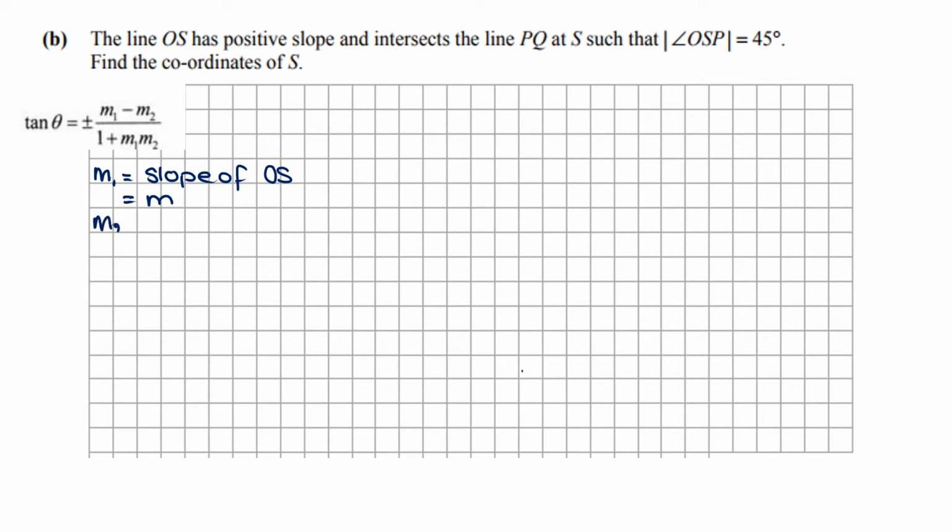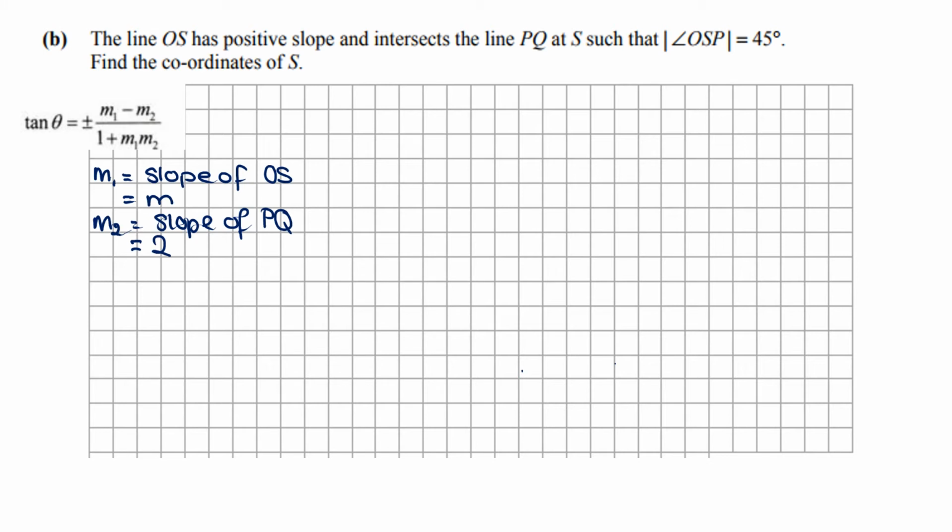M2 is equal to the slope of PQ. Back in part A, part I, when we were finding the value of K, we worked with the slope of PQ, and we said the slope of PQ was the same as the slope of OR, which was equal to 2. So you don't need to work that out again. We have that information earlier on in the question.